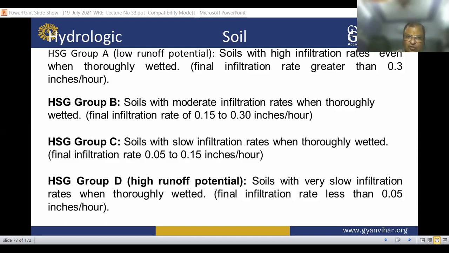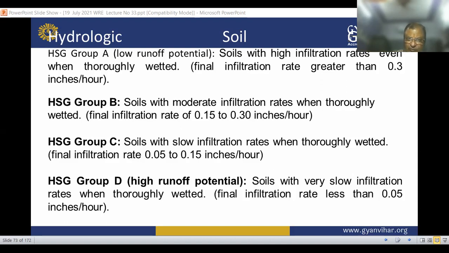Group B: soil with moderate infiltration rate when thoroughly wetted, final infiltration rate 0.15 to 0.3 inch per hour. Group C: soil with slow infiltration rate when thoroughly wetted, final infiltration rate 0.05 to 0.15 inch per hour.